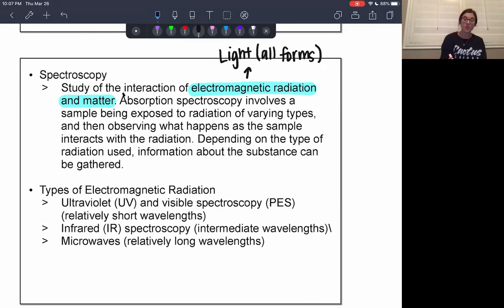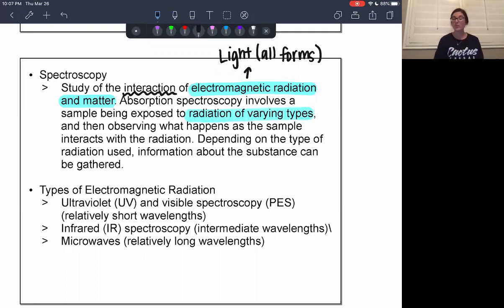So the word interaction right here is talking about what happens to matter when you bombard it with electromagnetic radiation. So absorption spectroscopy involves a sample being exposed to radiation of varying types.